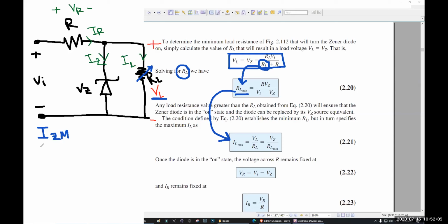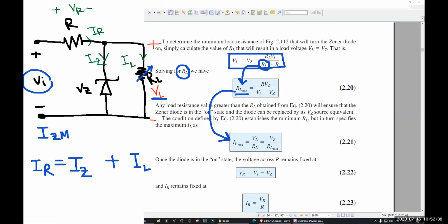What about the VR? VR is equal to VI minus VZ, obviously. So IR is equal to VR divided by R. Now, according to the formula, we know IR is equal to IZ plus IL. We know it, right? Now here, why is IR fixed? Because VI is fixed.